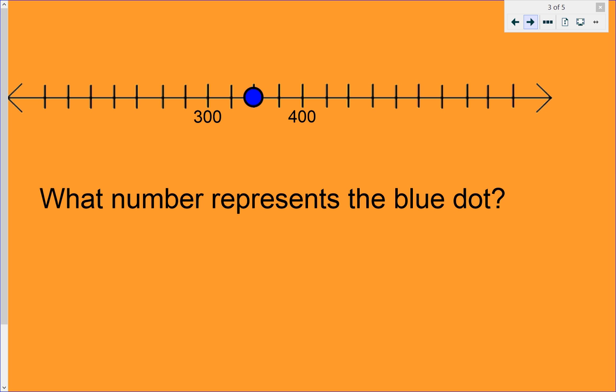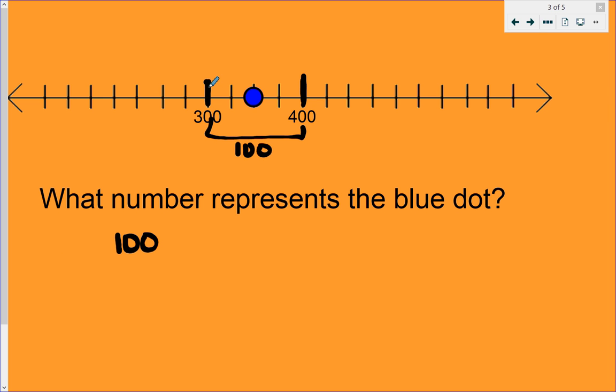What number represents the blue dot? I have 300 here, and I have 400 here. I first have to figure out how much each tally mark is worth. 300 to 400 is 100.